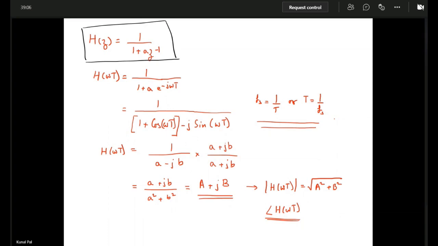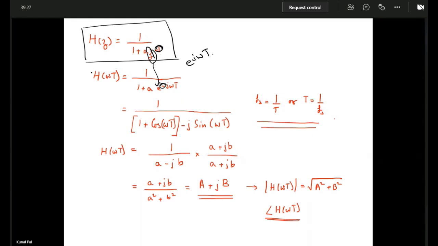What you have to do is, we have previously discussed that z is nothing but e to the power j omega t. And we already have this -1, so this minus comes.